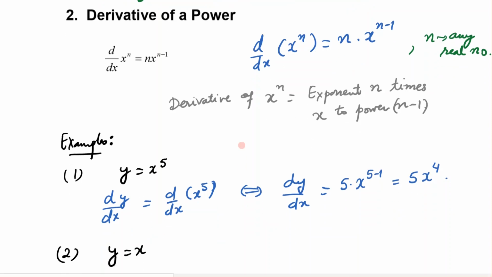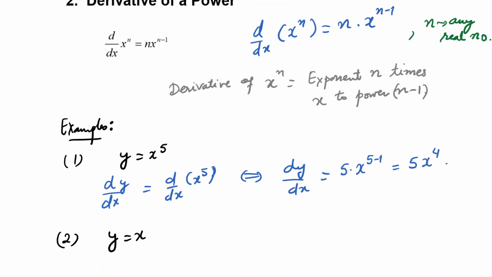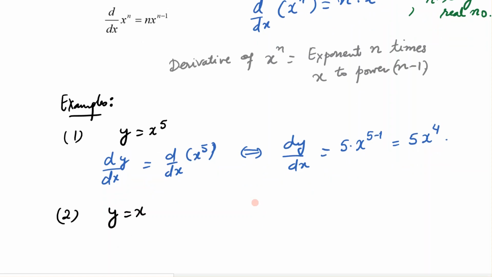Again, in the next one, let's say we have y equals x. If we want to take the derivative of this function, taking the derivative on both sides with respect to x, you can think of this as x raised to power 1, and you will notice that we bring the power down and reduce the power by 1.